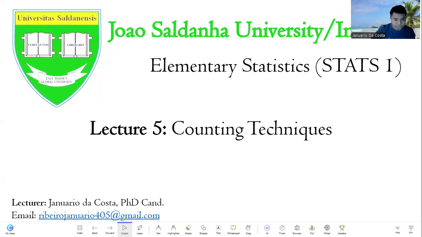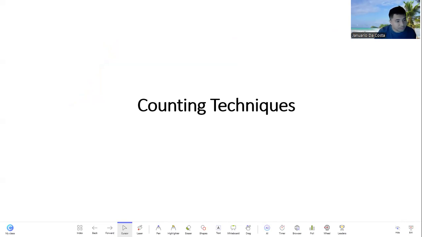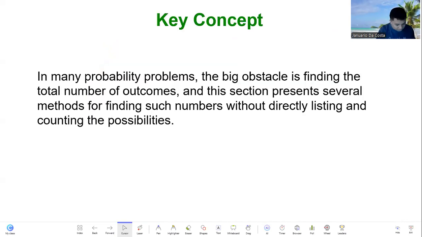So why do we learn counting techniques? The key concept here is that in many probability problems, when you calculate a probability, specifically for the classical method of calculating probability, the big obstacle is finding the total number of outcomes, or what you call a sample space, right?